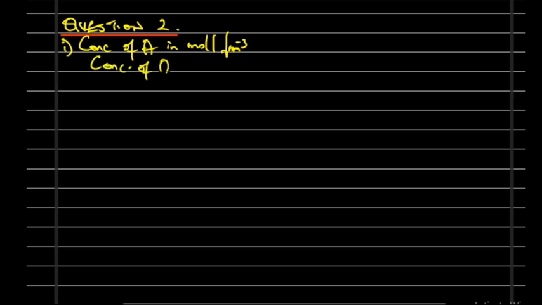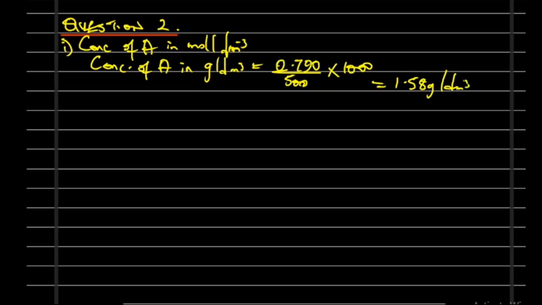Concentration of A in grams per dm cube equals 0.790 divided by 500 multiplied by 1000. That is going to give us 1.58 grams per dm cube.